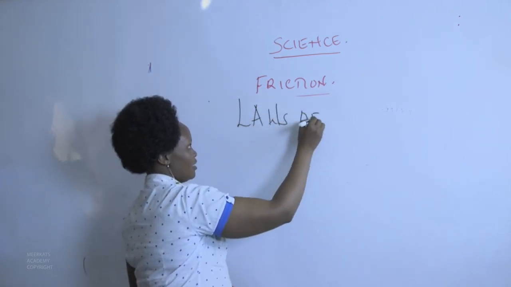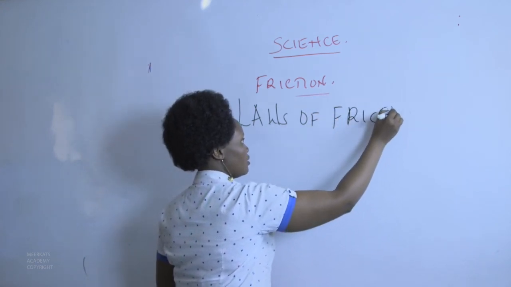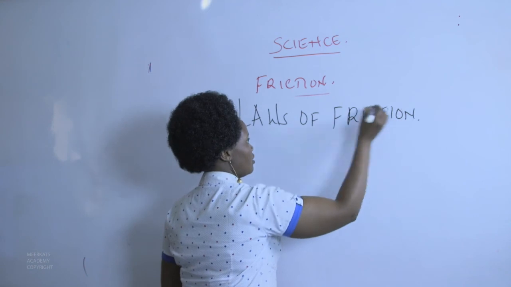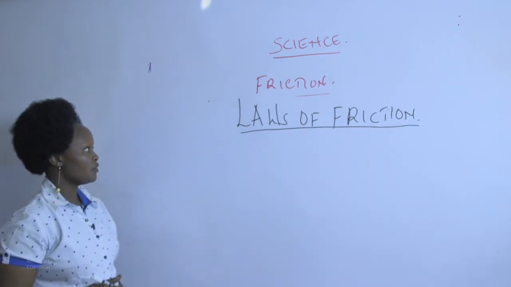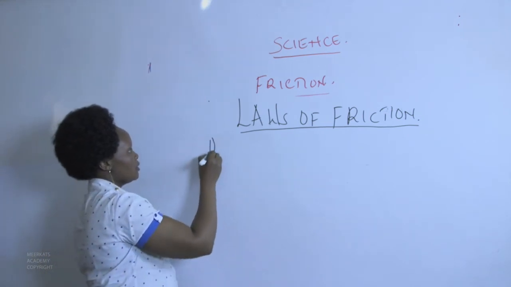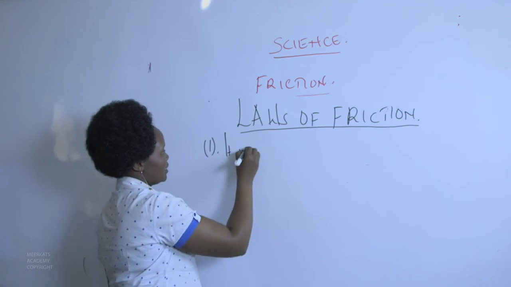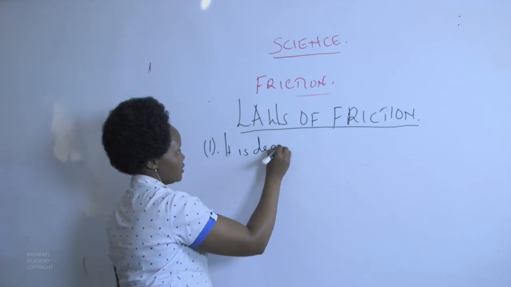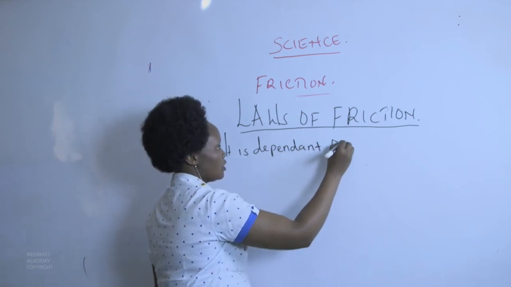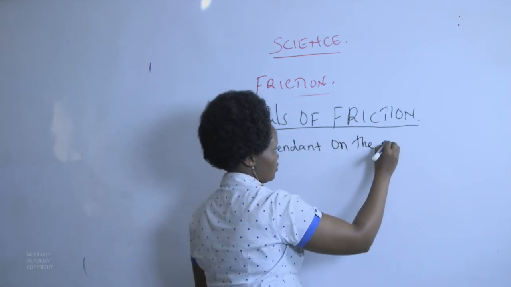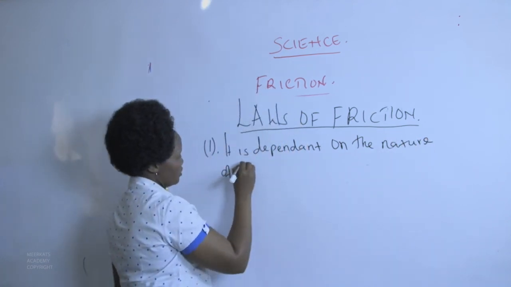Let us look at the laws of friction. Number 1 is that it is dependent on the nature of the surface.